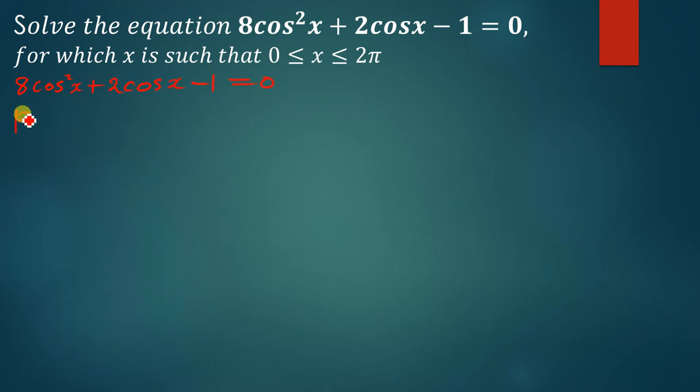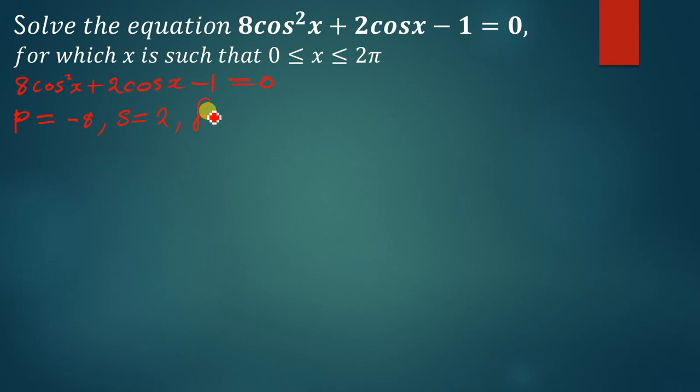The product of this equation is found by multiplying the coefficient of x squared, if it's a quadratic equation with a variable x, by the constant. So the coefficient of cos squared x is 8. We're multiplying it with -1, hence we're getting -8. And then the sum is simply the coefficient of cos x, which is 2.